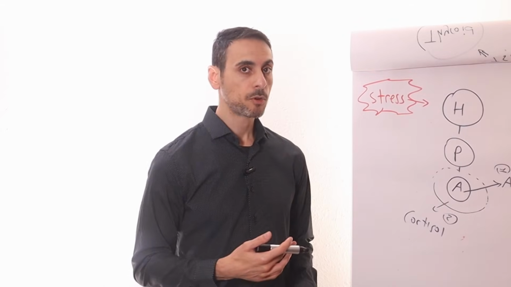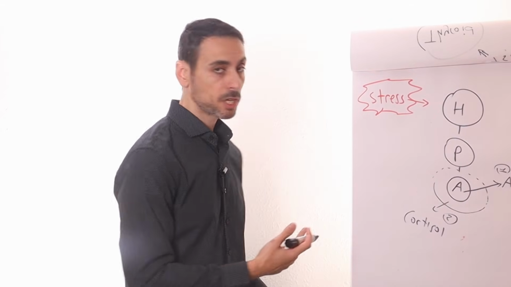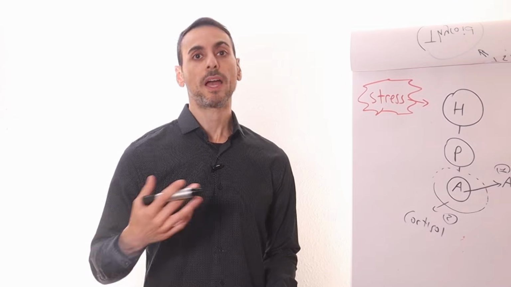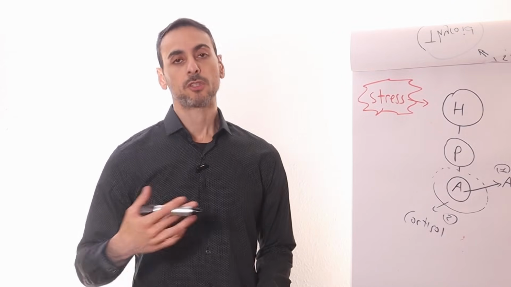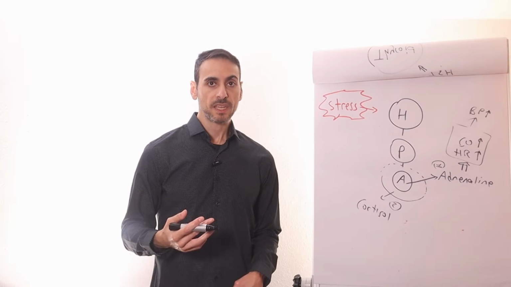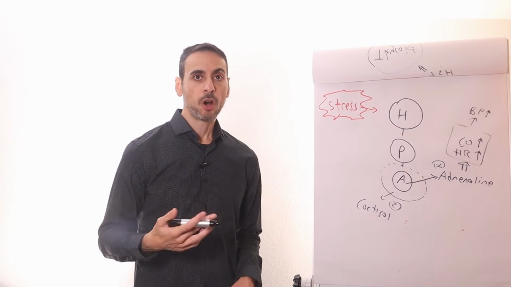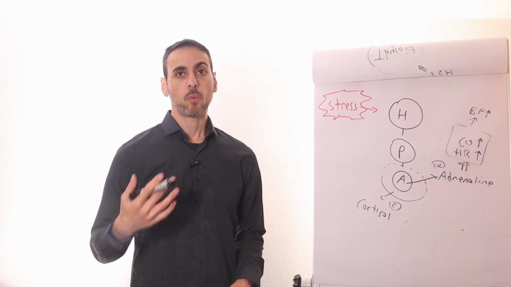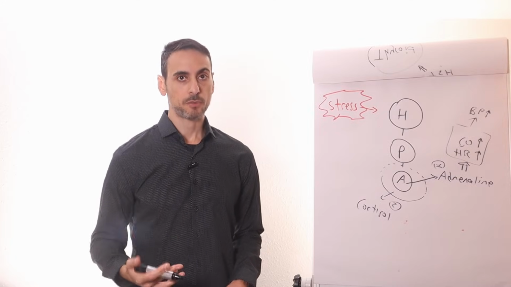So let's dive deeper into the two mechanisms of how chronic or higher secretion of cortisol can contribute to blood pressure. The first mechanism is the impact on our alpha-1 adrenergic receptors.